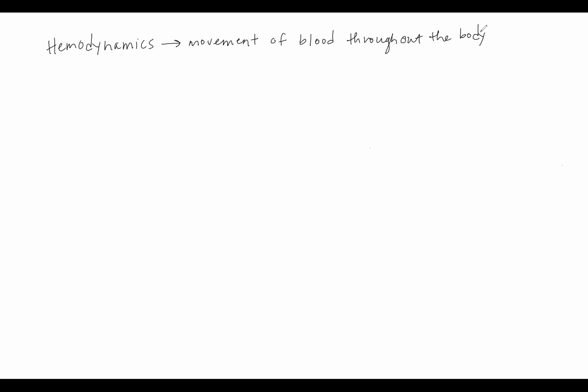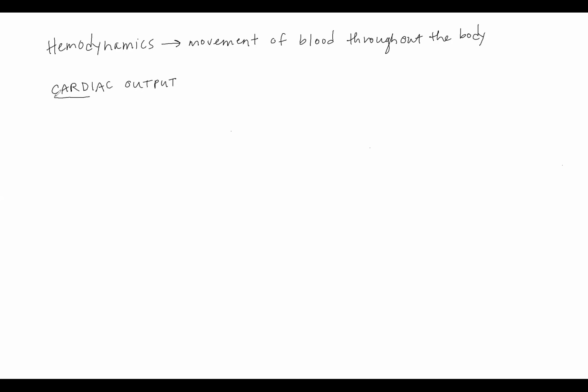Now, when I think about hemodynamics, the first question that I like to ask myself is, what kind of things can alter my hemodynamics? If you're brand new to this concept, I encourage you to think about what kind of things can alter and disrupt your cardiac output.